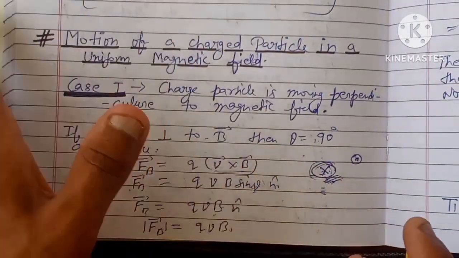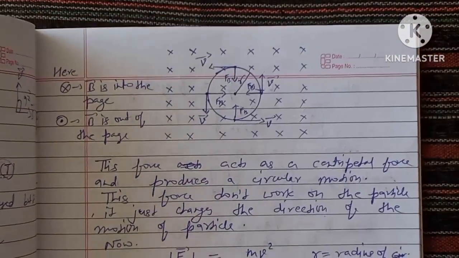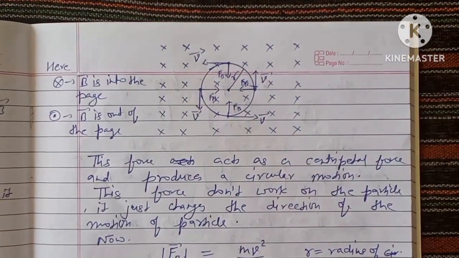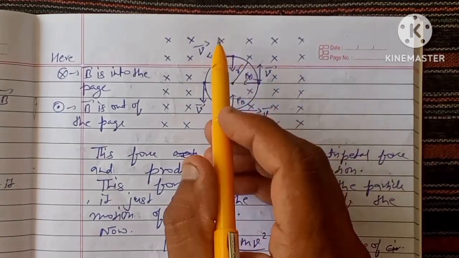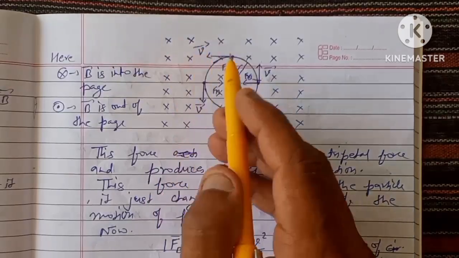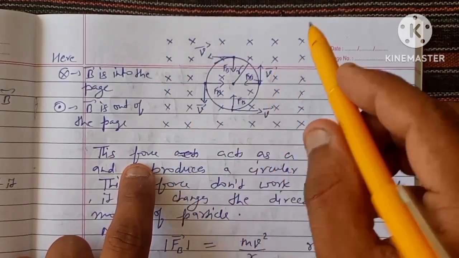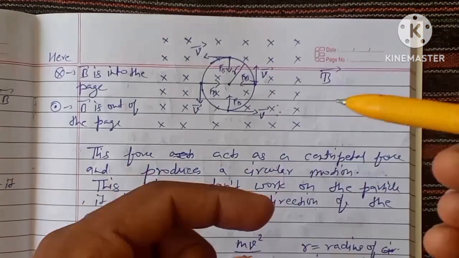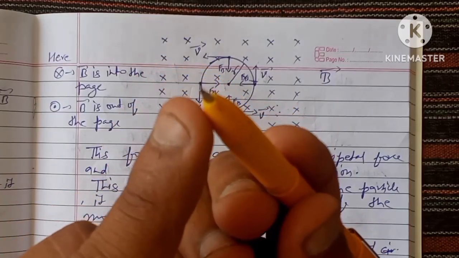So now here I have made a very simple diagram. You can see here. In this diagram, you can clearly see that I have represented the magnetic field with crosses. It means the direction of the magnetic field is into this page. Let us suppose this tip of this pen is showing the direction of the magnetic field.